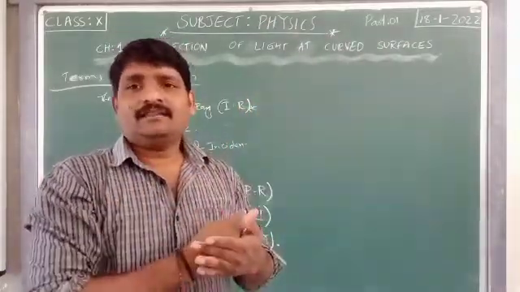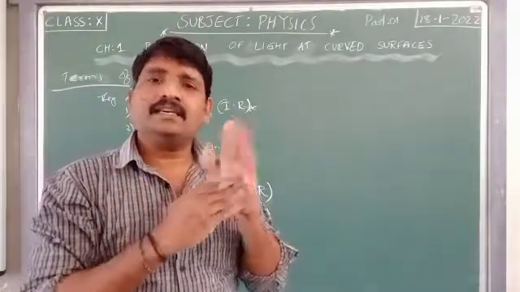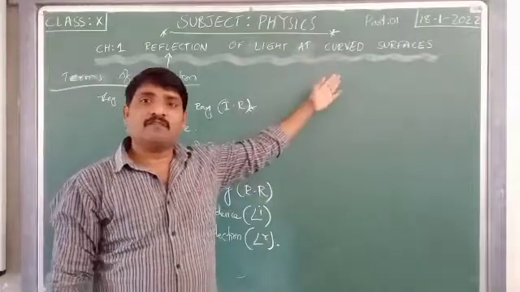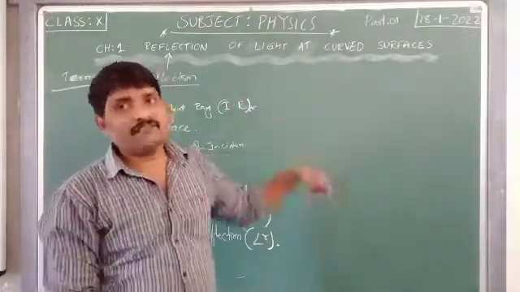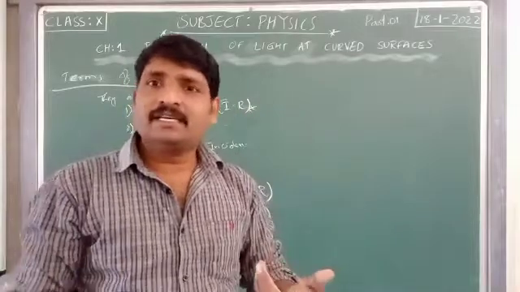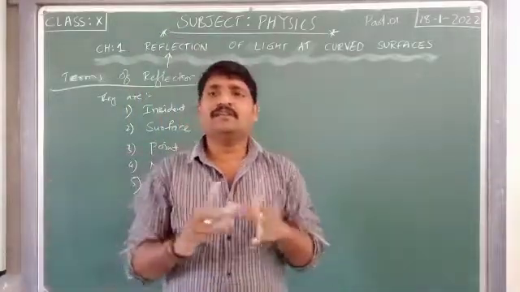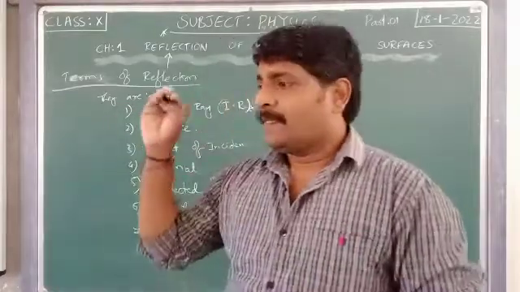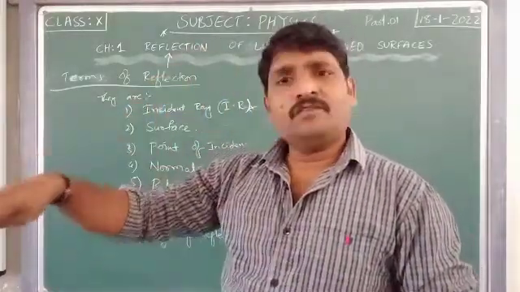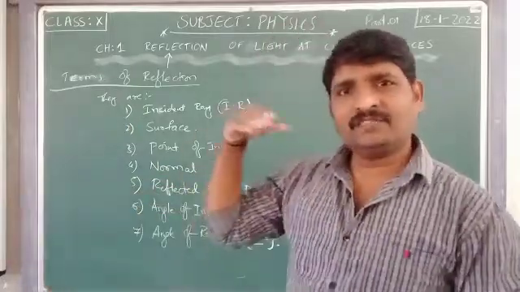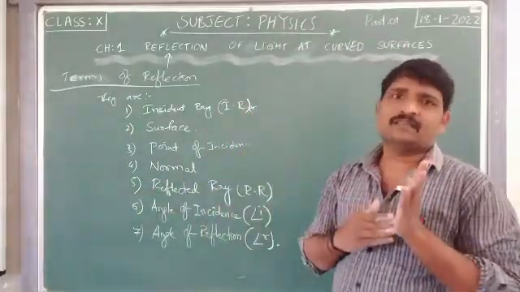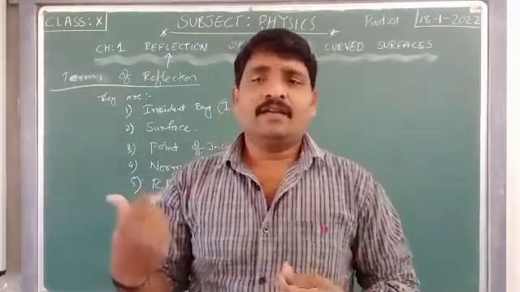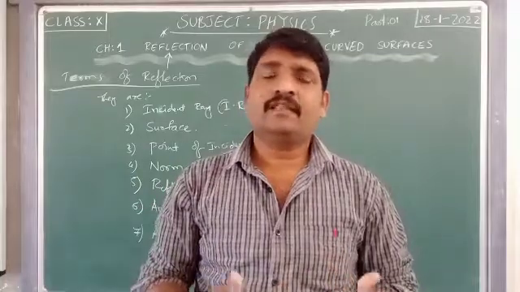In the concept of reflection of light in a curved surface, the surface will be the mirror, but in general, to which object or which material the incident ray is going to hit, that is considered as the surface.